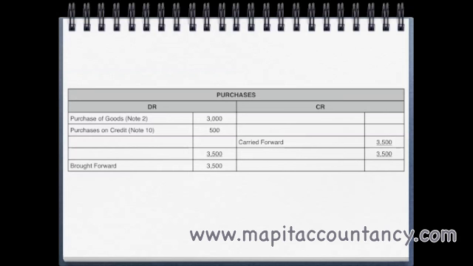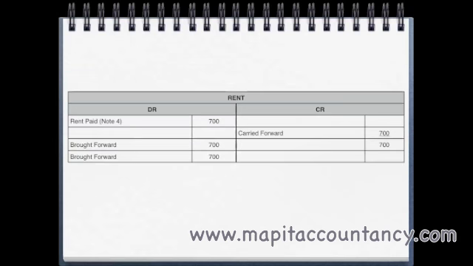Put that total in on the debit and the credit side, and the carried forward balance on the credit side will be 3,500. Bring that forward over to the other side underneath the totals, and we have a brought forward balance of 3,500.